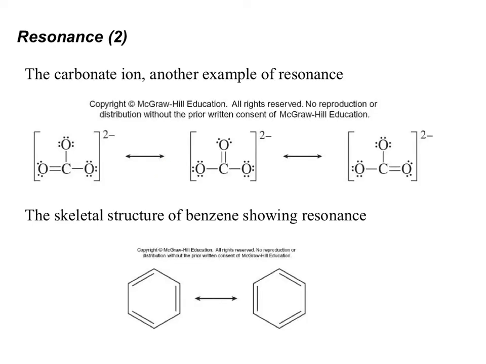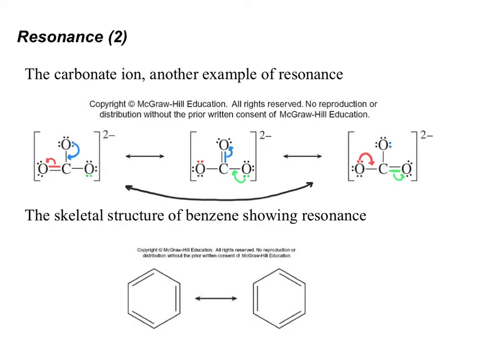The carbonate ion is another example of resonance. So you will notice that we have a carbon with a double bond to one oxygen and single bond to 2 oxygens with a -2 charge overall. Well, that double bond can shift thanks to resonance.